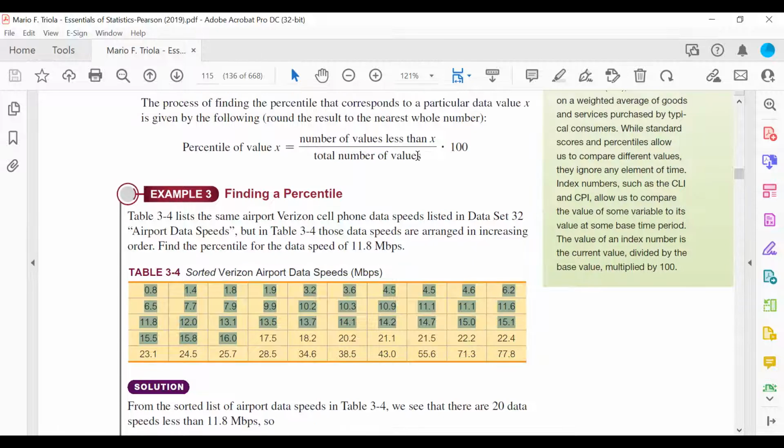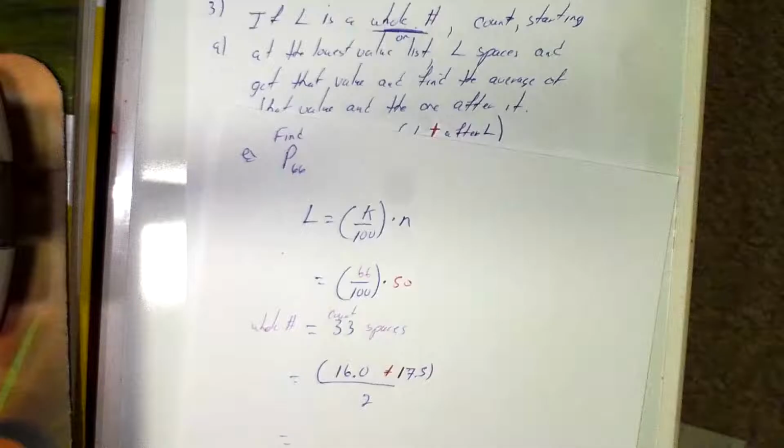So I get 16.75. Yeah, 16.75 is my answer.